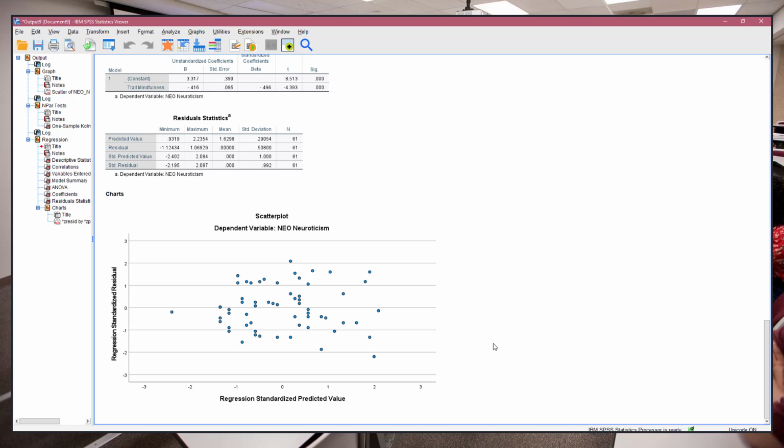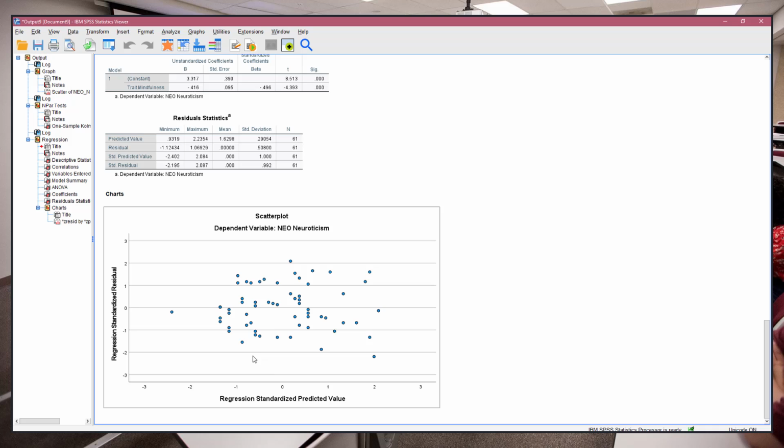I mean, there is a pretty negative residual out by the predicted value of 2. But overall, it looks like our errors are pretty normally distributed around our predicted values.